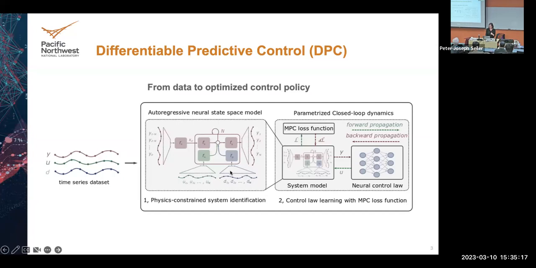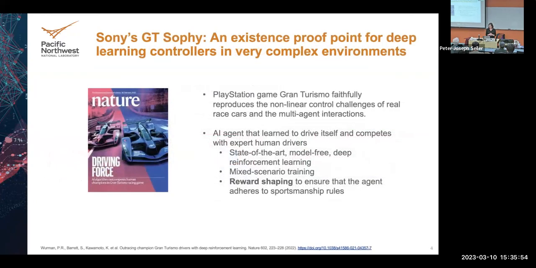And then once the system identification step is complete, we take the control synthesis problem as an offline optimization problem that utilizes this identified system model and trains a control policy representation that is a deep learning representation to maximize or optimize a particular loss function, which includes the traditional MPC objective and potentially other objectives. So my talk is going to be all about this, how we're making all the steps.